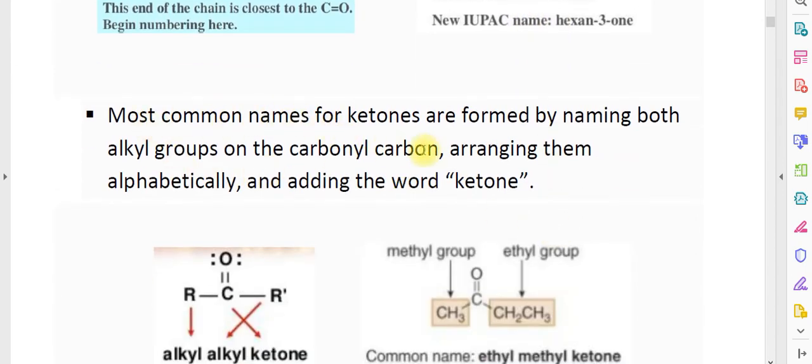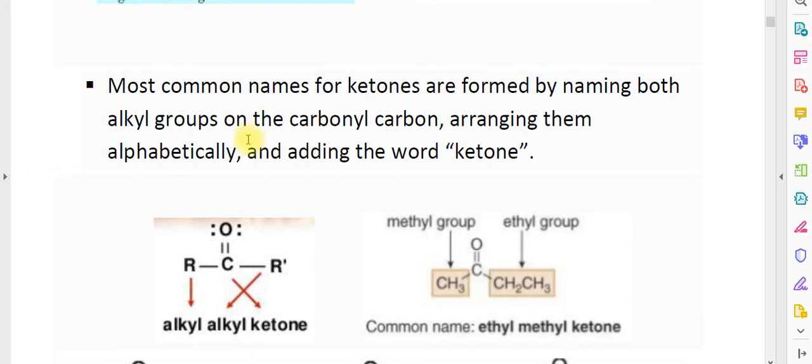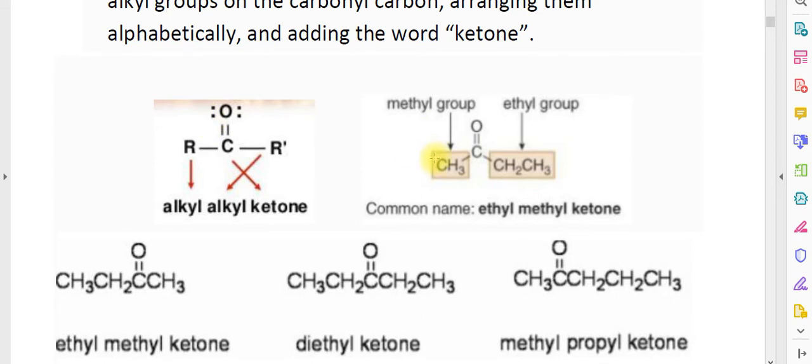And the common names of ketones are formed by naming both alkyl groups attached to the carbonyl group, arranging them alphabetically and adding the word ketone. Here you can see this is an alkyl group, this is also an alkyl group, and this is C double bond O, giving us a ketone.